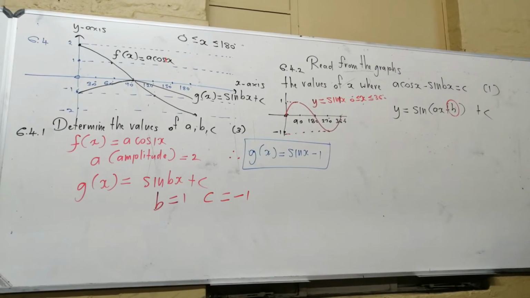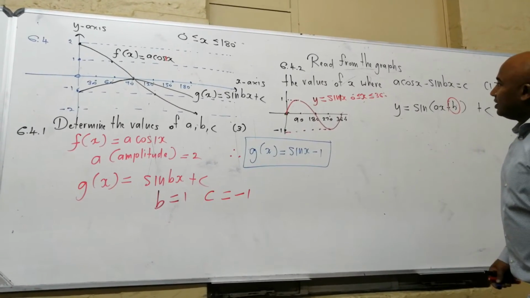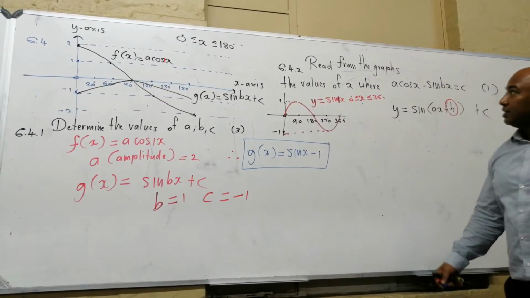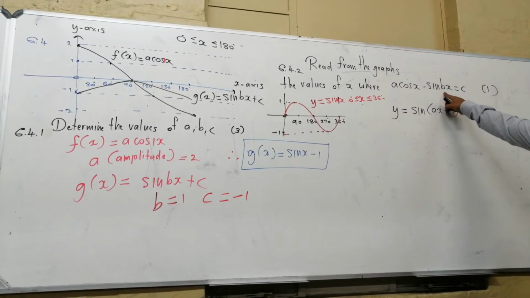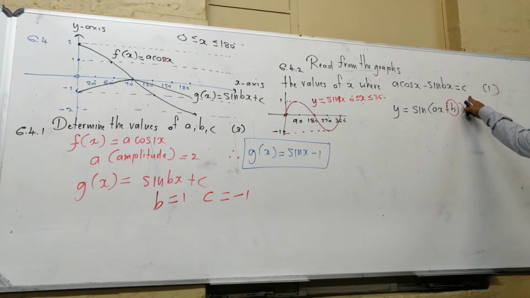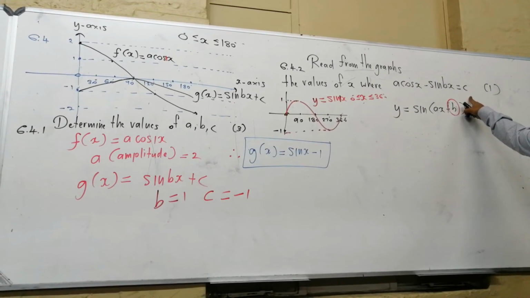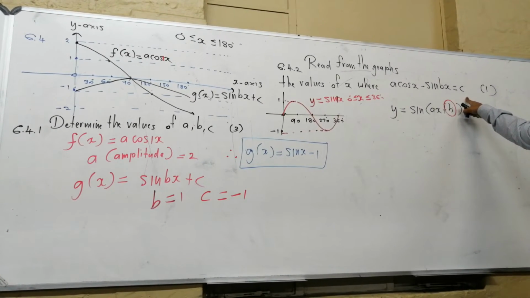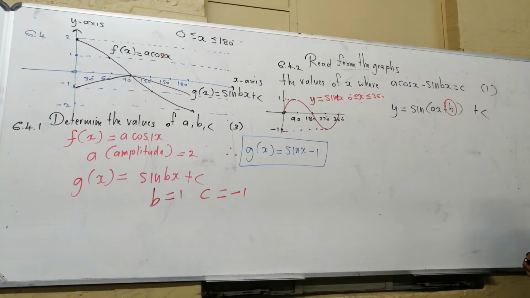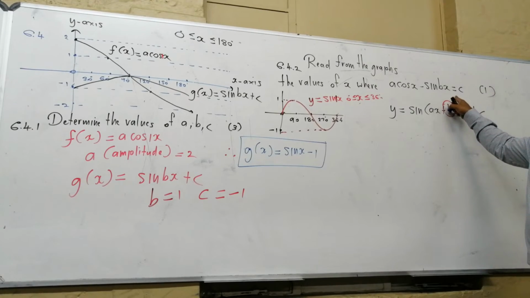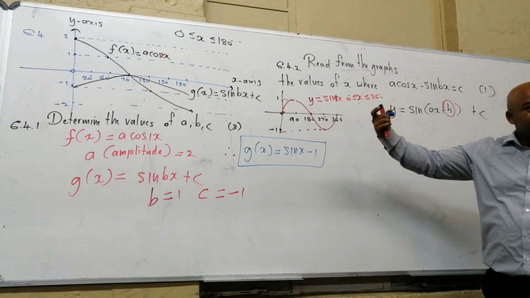Now, let's answer the last question. Read from the graphs the values of x where a cos bx minus sine bx is equal to c. So, normally in these types of questions, it is not in the order that is given to you.